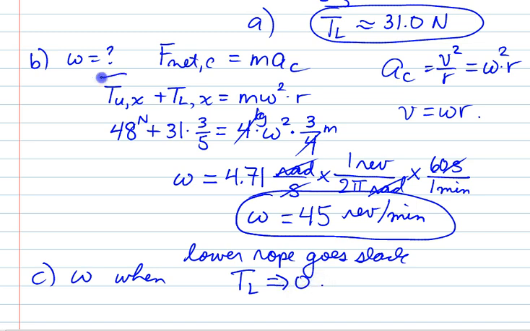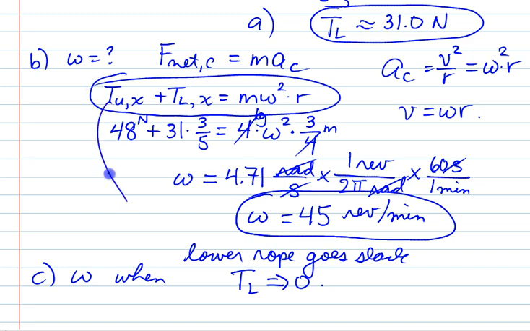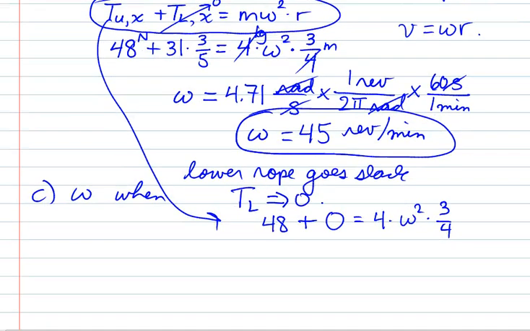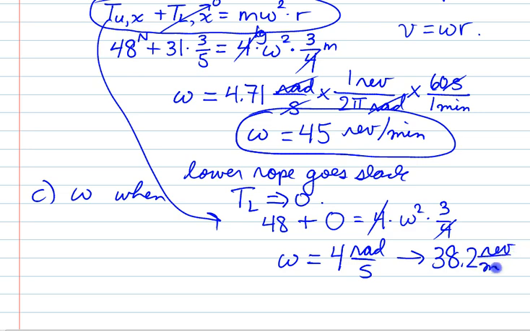So we can just take our same equation here and rewrite it and say 48 plus 0, because T lower tends to 0, is going to be equal to m omega squared times r. And for this we get that omega is exactly the square root of 16, or it's 4 radians per second. Doing the same conversion as above, this turns into 38.2 revolutions per minute.